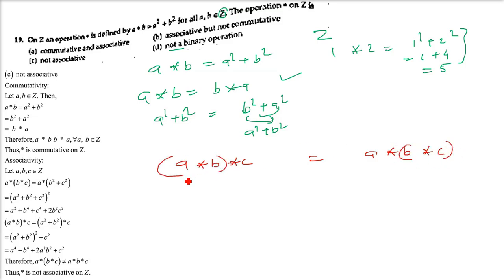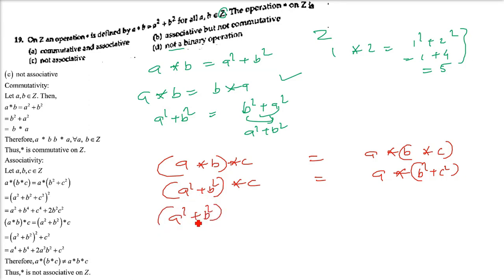This will be a square plus b square with c, and a with b square plus c square. Now these are two separate terms, so we operate with them: a square plus b square whole square plus c square, versus a square plus b square plus c square whole square. They are not equal.